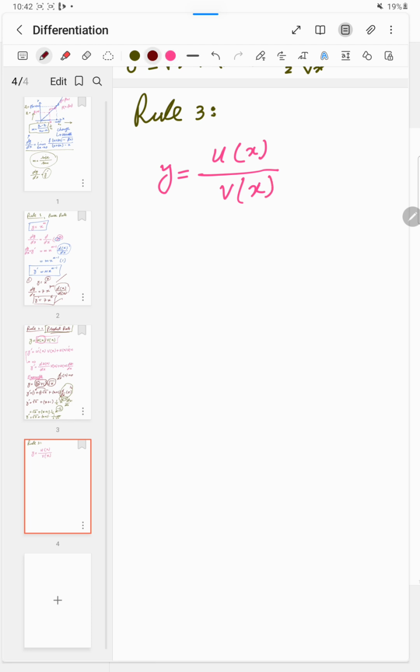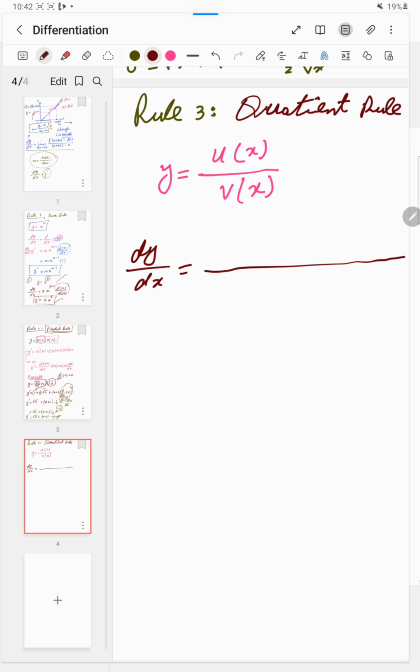Okay, what is the quotient rule? It is a very important rule and helps in differentiation. So the quotient rule is we have to apply derivative. We have to take power 2 of the denominator. In this case the denominator is v of x, so we take power 2 of the denominator.